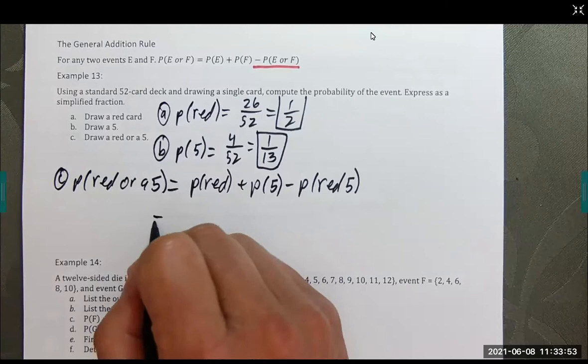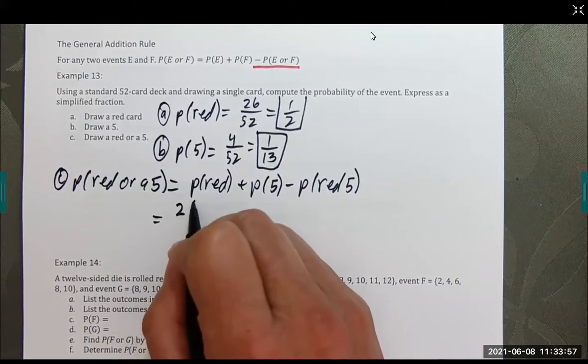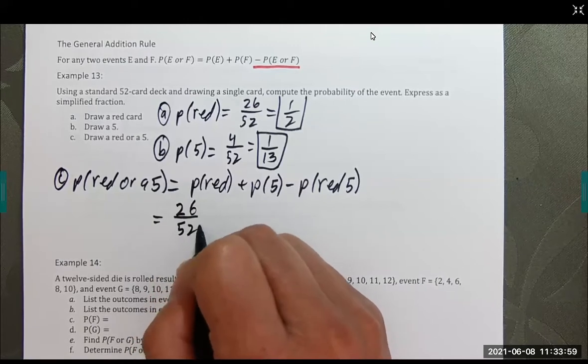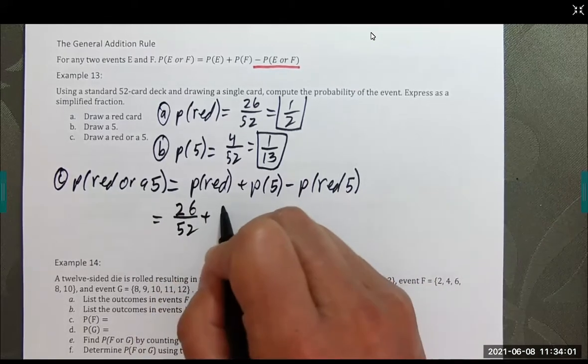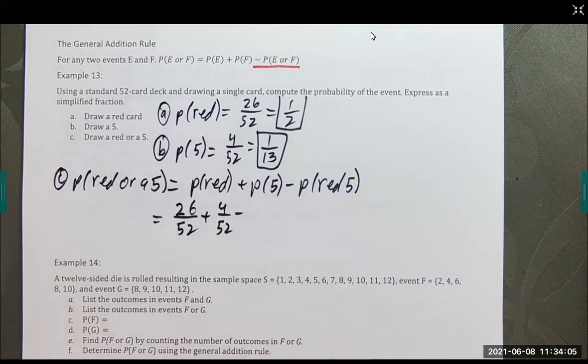Probability of red and 5 we have here. And I'm going to keep the denominator 52 just to keep it simple. So probability of red is 26 out of 52. Probability of getting a 5 is 4 out of 52. And how many red 5s are there? There's 2 red 5s. There's the diamond and the heart.